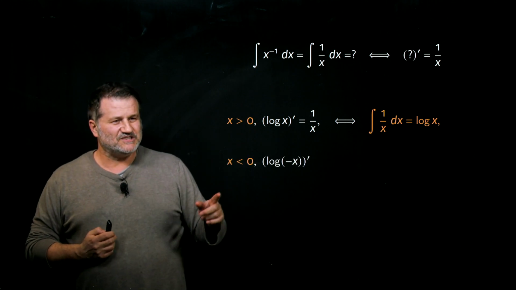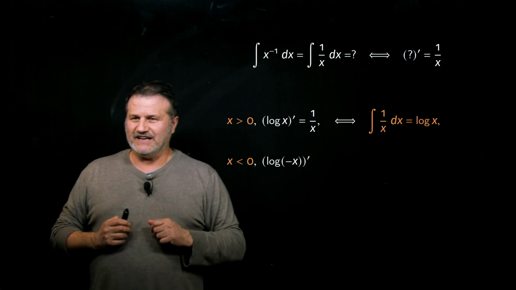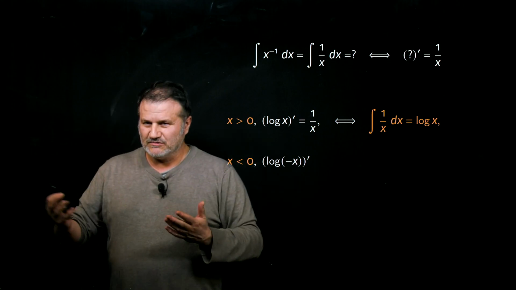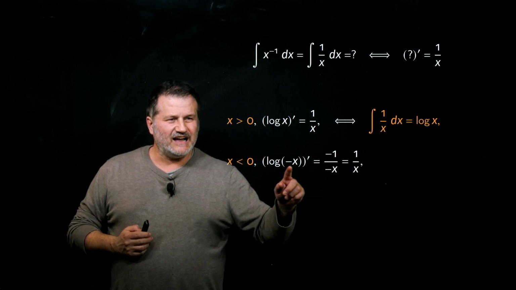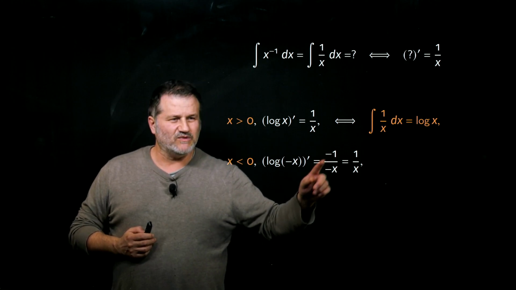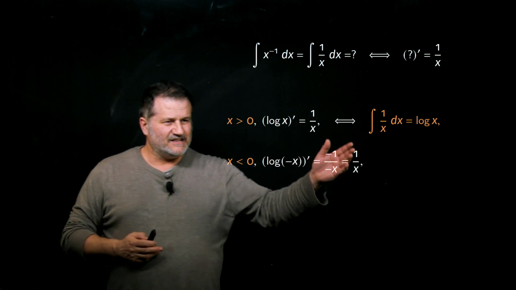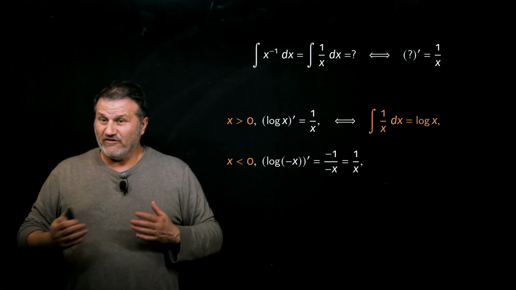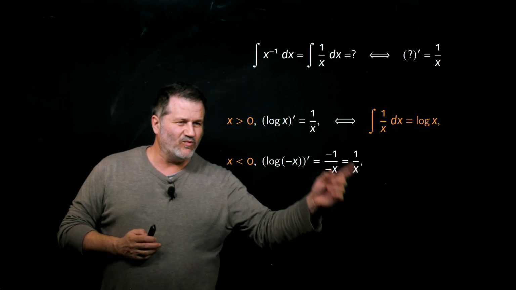But we may observe that if x is negative, now taking the derivative of log of minus x, this is, according to the rules of calculus, 1 over minus x times the derivative of the argument, which is minus 1. So minus 1 over minus x. The two minus signs go away, and so we remain with 1 over x. So this says that the derivative of log of minus x is 1 over x.